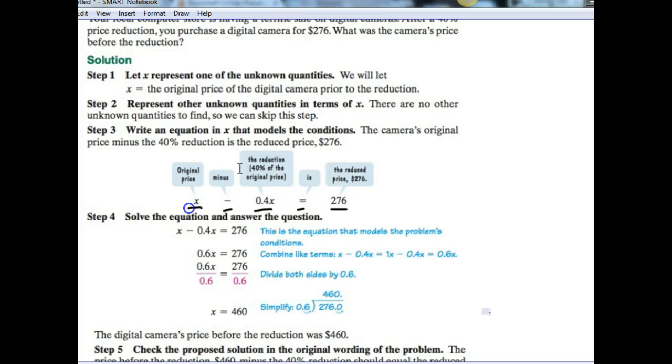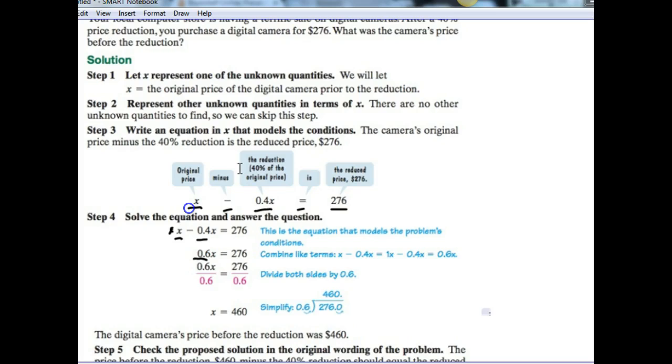The rest is just algebra 1 kind of stuff where you're just finishing. If we take x minus 0.4x, that's like saying 1x minus 0.4x, which is 0.6x. The right side is still 276.